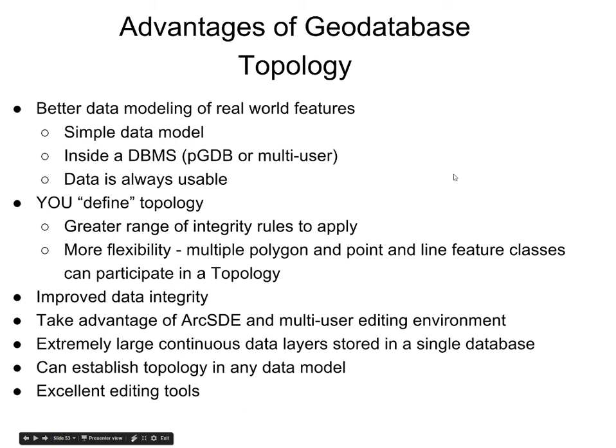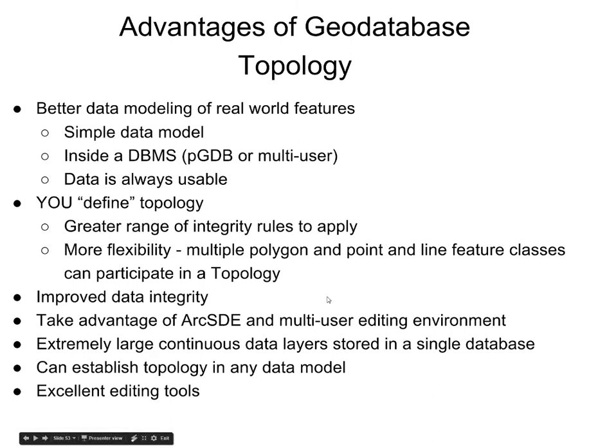There's advantages to the geodatabase topology. Number one, it works with today's computers and their processing speeds in a way that the old data structures didn't. It's better at modeling real-world features through a simple data model inside of your database management system. The data is stable. You define the topology through a set of rules.